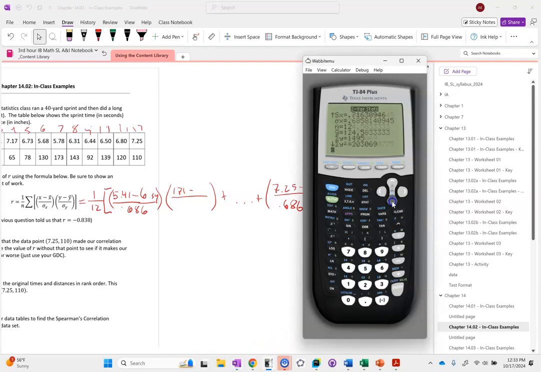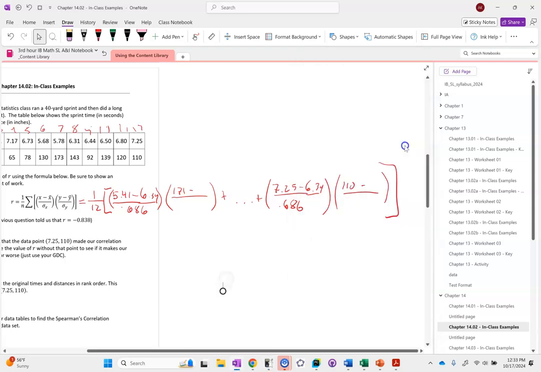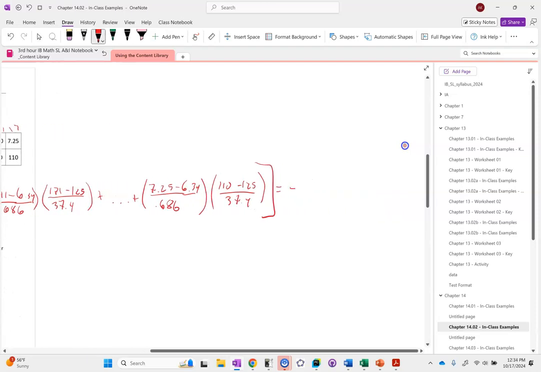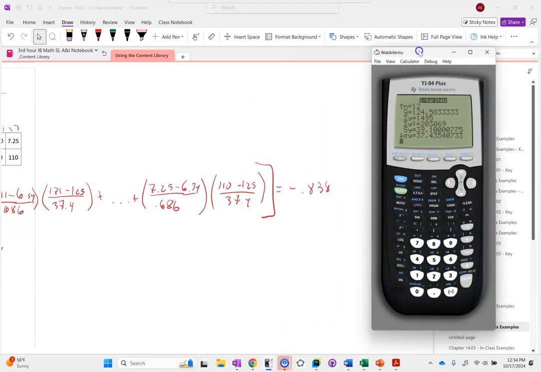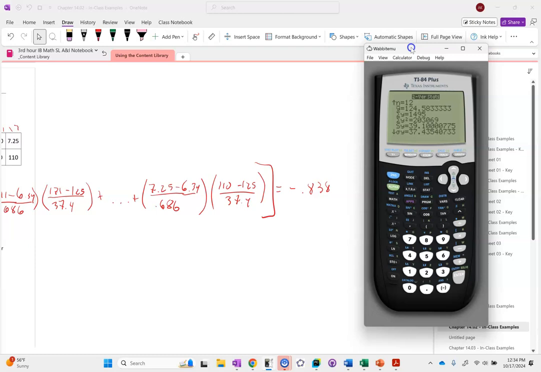If I scroll down, my y mean is 125, and my standard deviation is 37.4. And I know this will come out to be like negative 0.838. Everybody okay there?